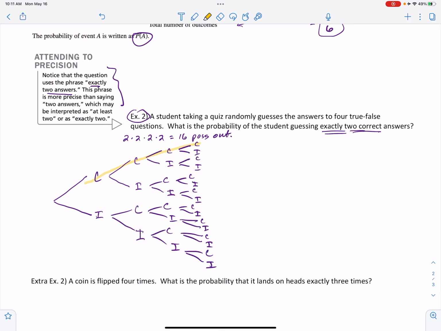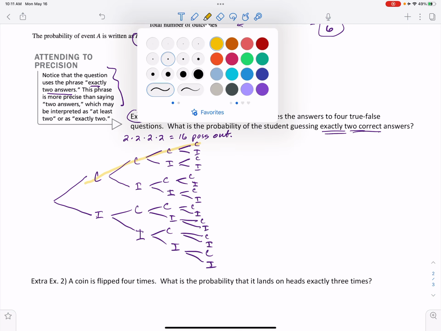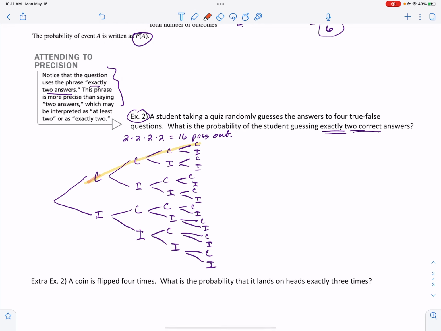because then I just read through that first set of branches, and that's one outcome, correct, correct, correct, correct. And then I read through another set of outcomes, I go through that same one, correct, correct, correct, and then to incorrect. And I just go down the line that way, and I don't miss anything out. So my sample space is correct, correct, correct, correct, correct, correct, correct, incorrect, correct, correct, incorrect, correct, correct, correct, incorrect, incorrect.